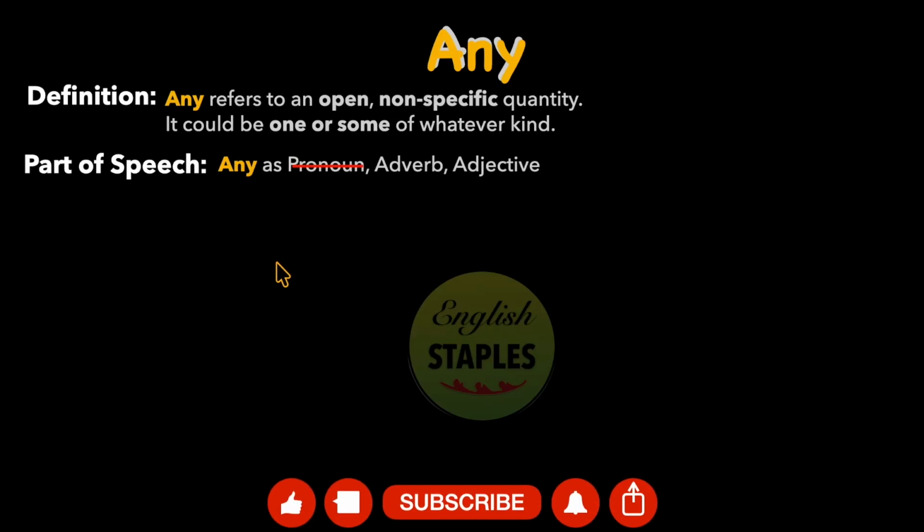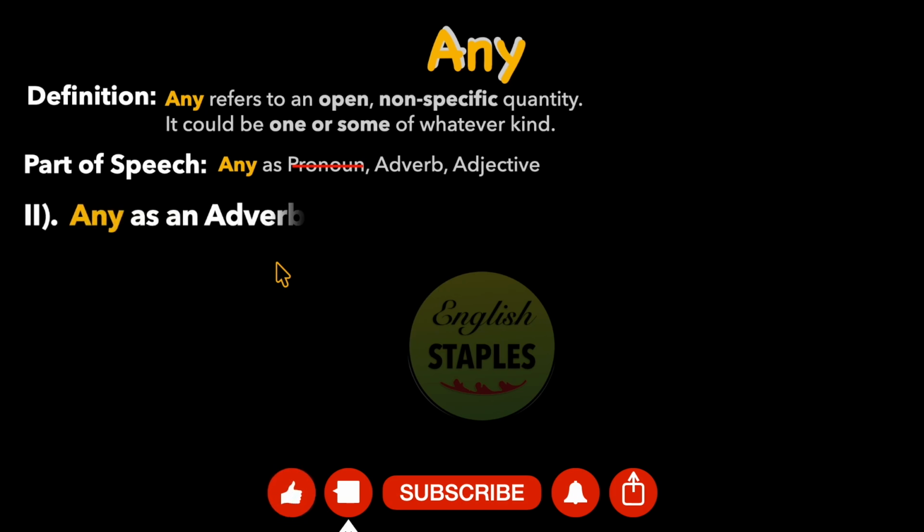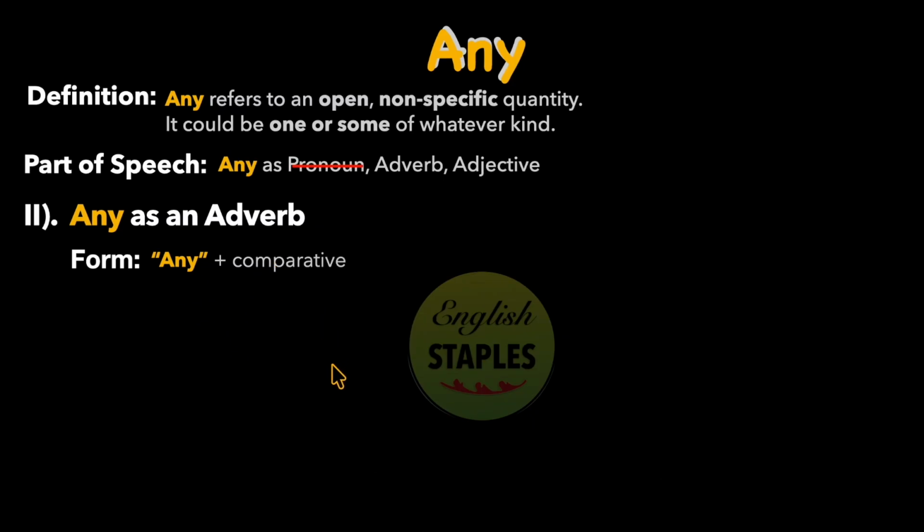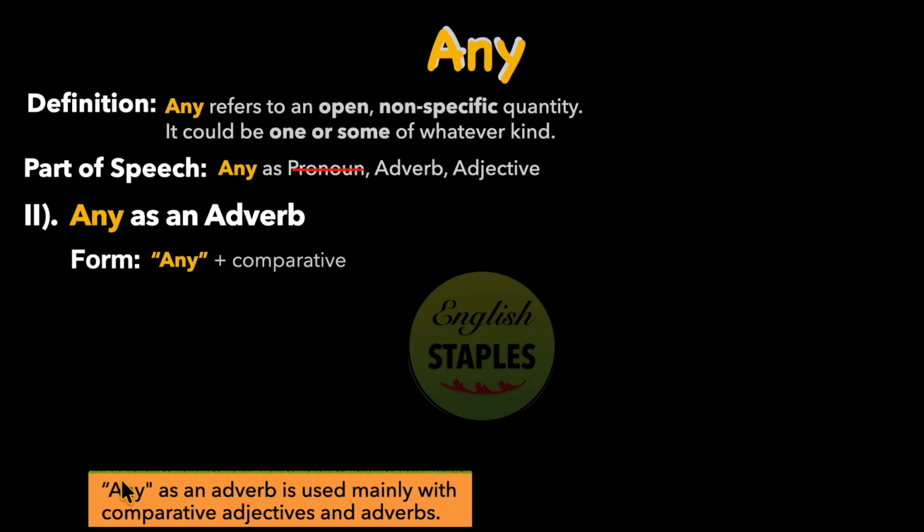Now we look at the second part of speech, which is any as an adverb. The form is any plus comparative. Any as an adverb is used mainly with comparative adjectives and comparative adverbs.